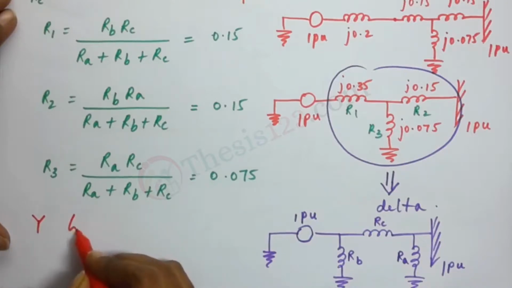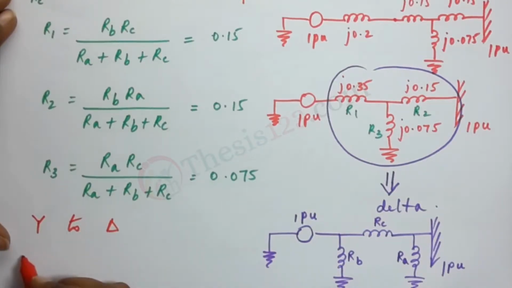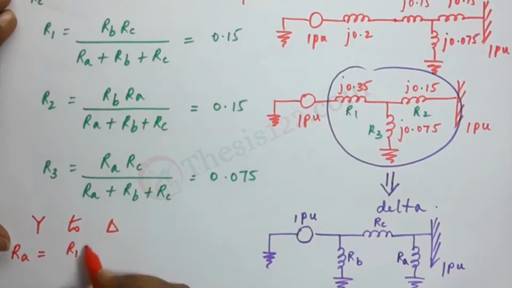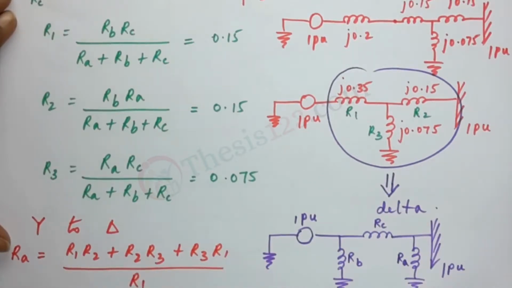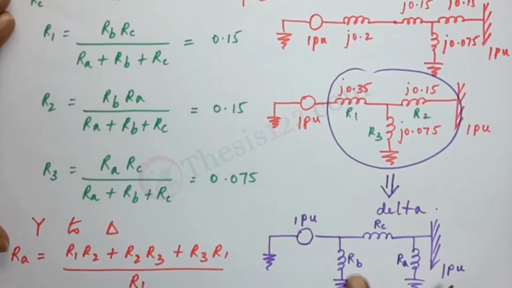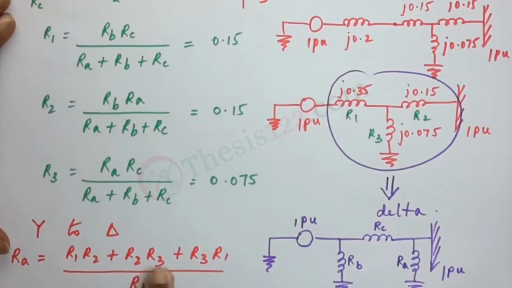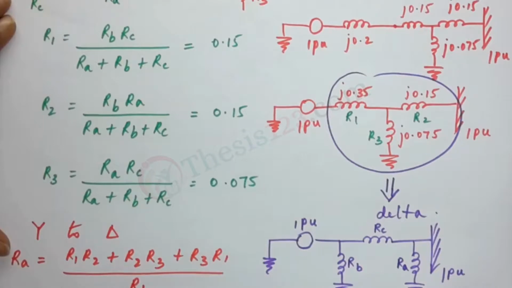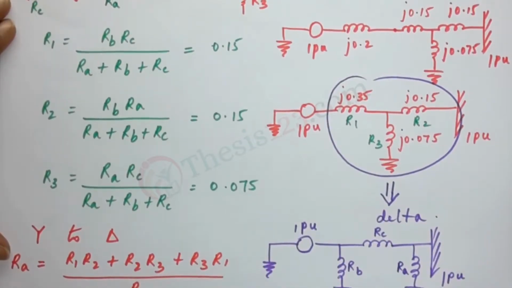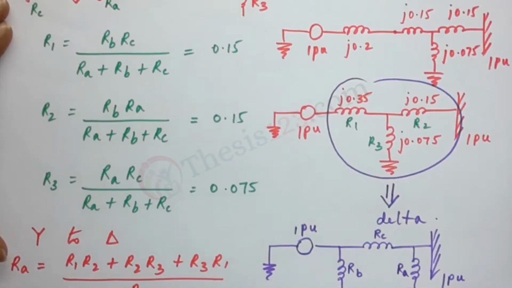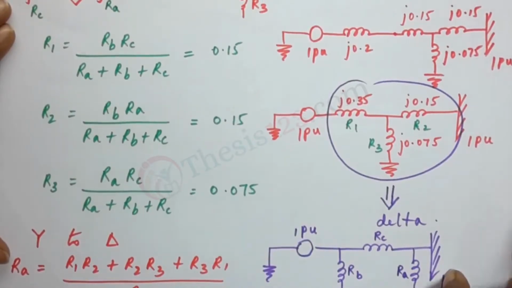I'll write down one formula, you can do the rest. RA would be R1 R2 plus R2 R3 plus R3 R1 divided by R1. RB would be R1 R2 plus R2 R3 plus R3 R1 divided by R2, and RC would have the same numerator, divided by R3. So that's basically the formula.